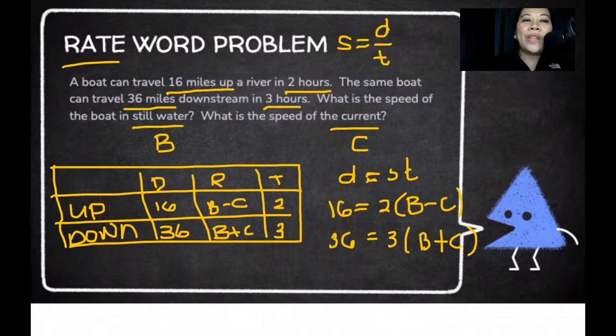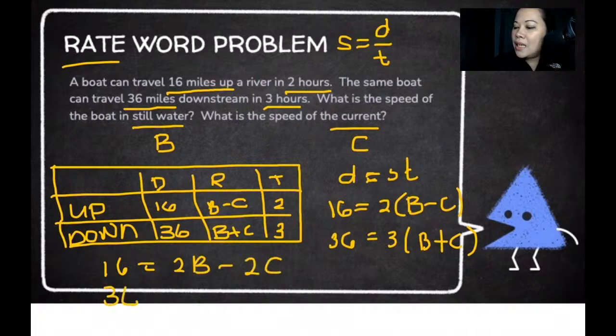Okay, so that is for your word problem when it is with rate. So basically, when you have the equations now, all you need to do is solve the unknown value. So that is 16 equals, distribute 2, you have 2b minus 2c, and then you have 36 equals, distribute 3, 3b plus 3c.